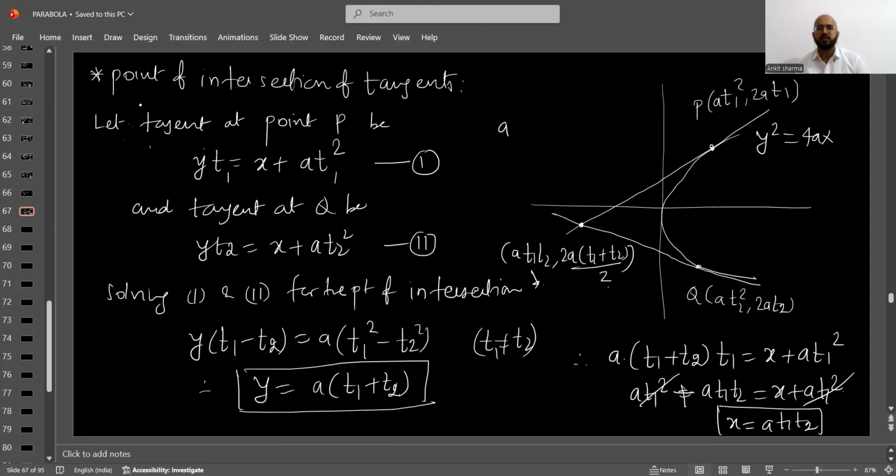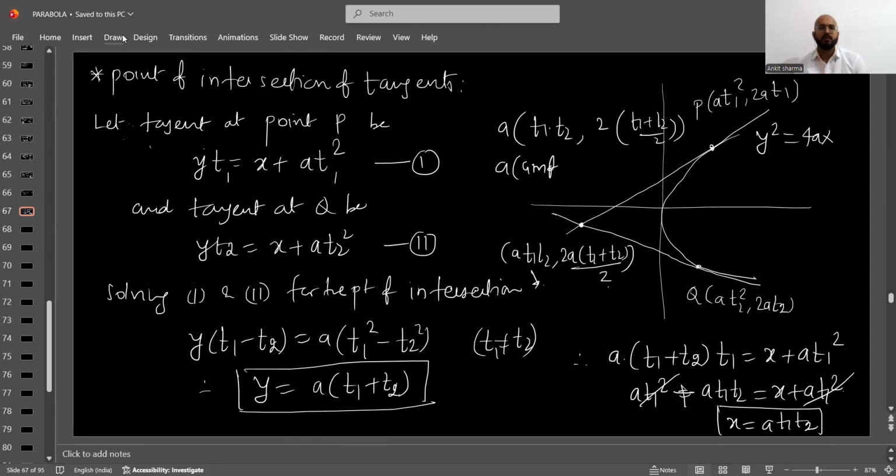If I take a outside, I have a t1 t2 comma 2 times t1 plus t2 by 2. So this is nothing but the geometric mean of abscissa of these 2 points.